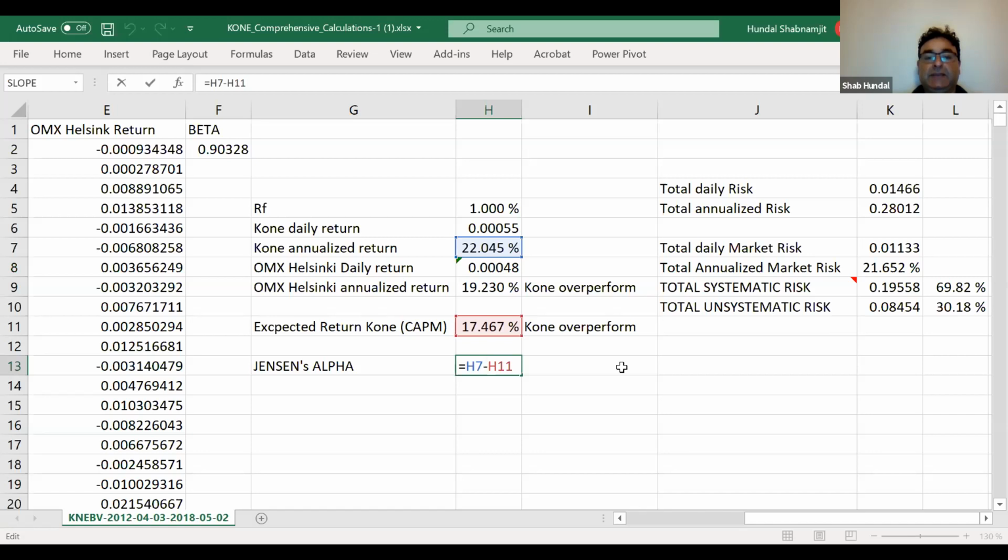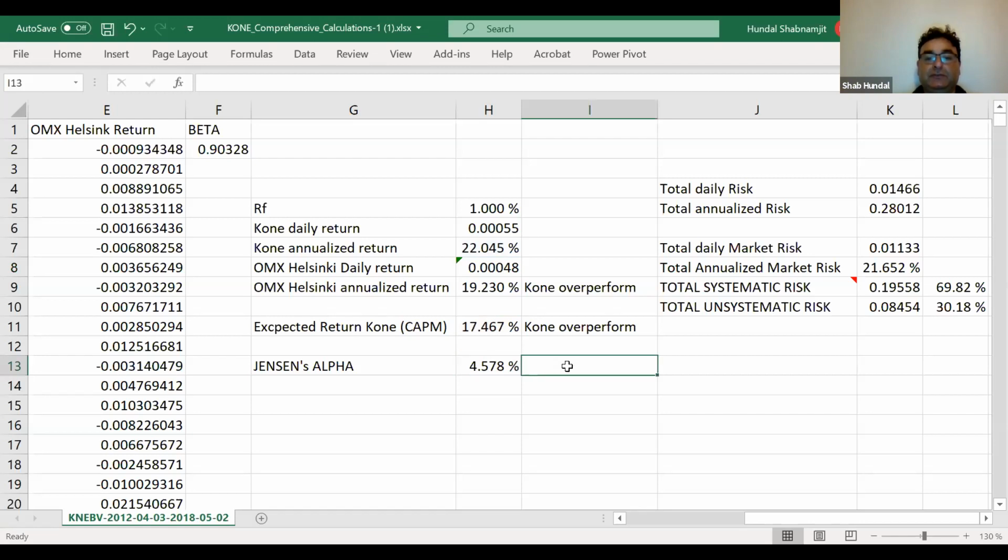Jensen's Alpha is basically a comparison of a company's actual performance with its expected performance. That is the main idea. So I'm comparing the company with itself, the student with himself or herself. That is the theory of Jensen's Alpha.